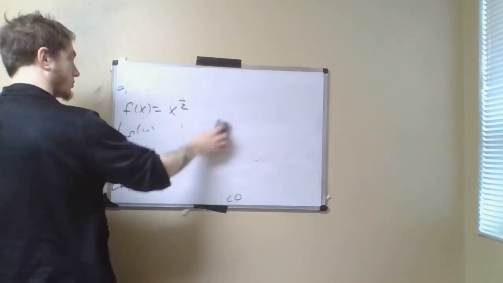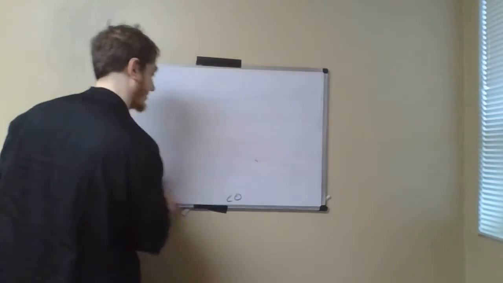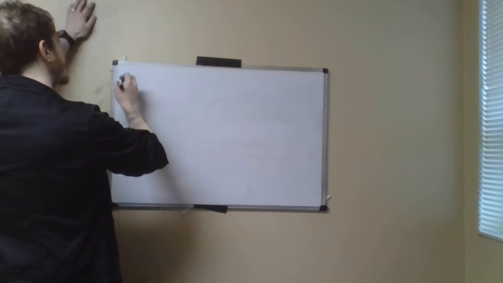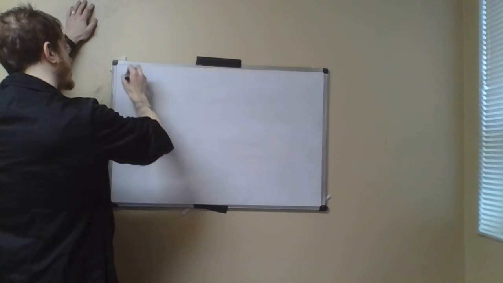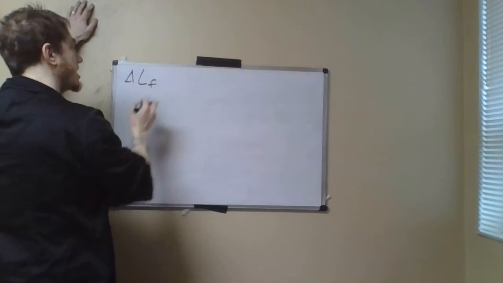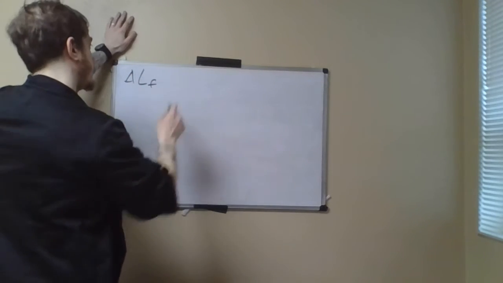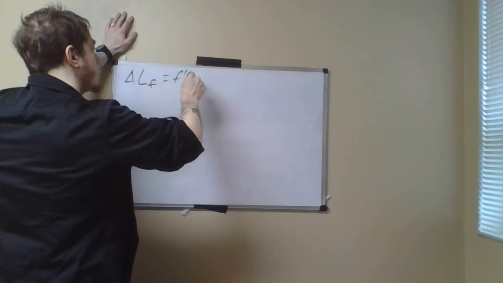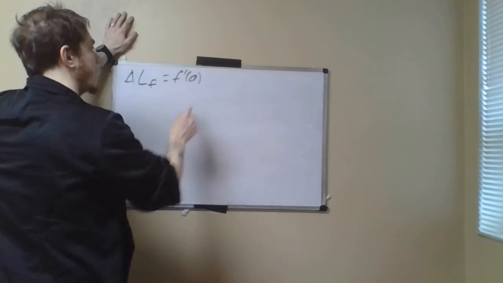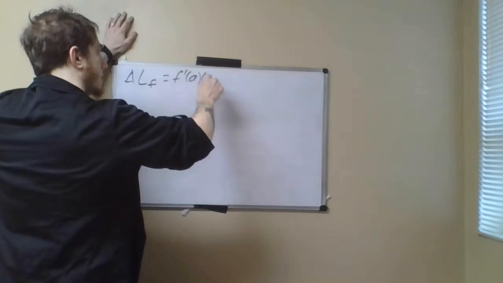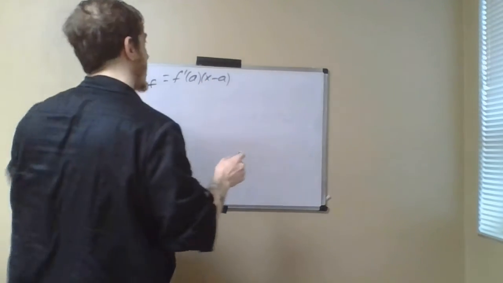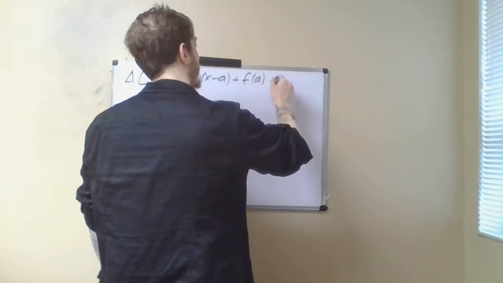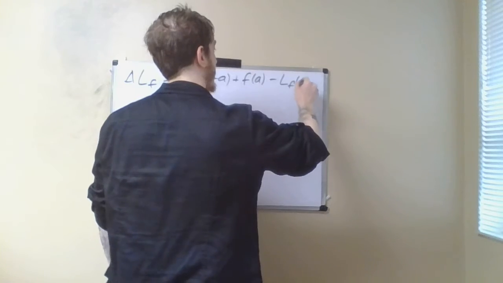Well, the reason is sort of silly in my opinion, because it's not really about what the differentials are. But the thing that I want to observe is that the change in the linear approximation is going to be equal to f prime evaluated at a times x minus a, plus f evaluated at a minus L_f evaluated at a.